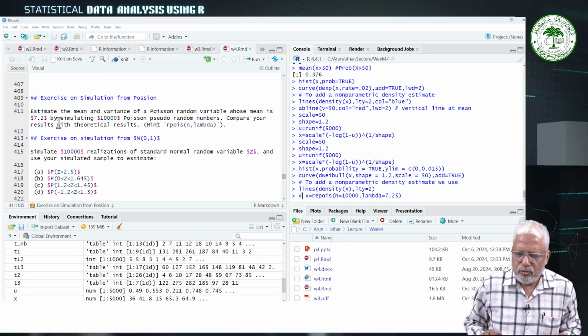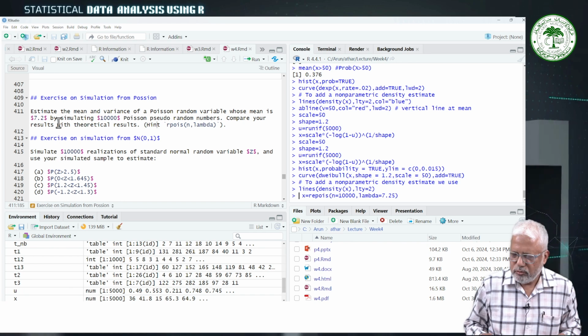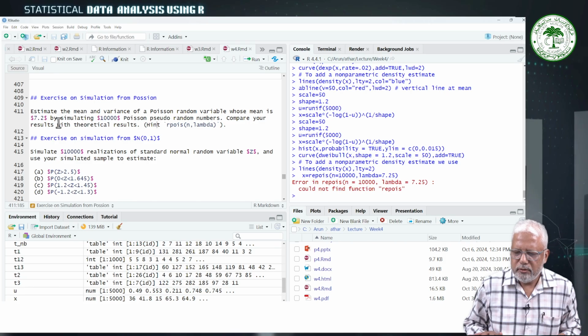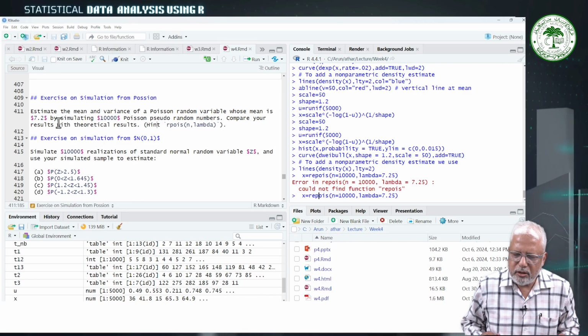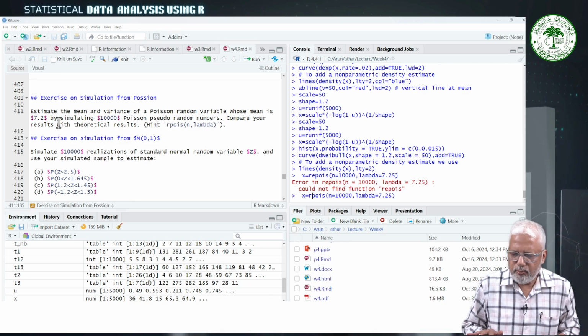So we are using rpois, there is a spelling mistake, rpois.